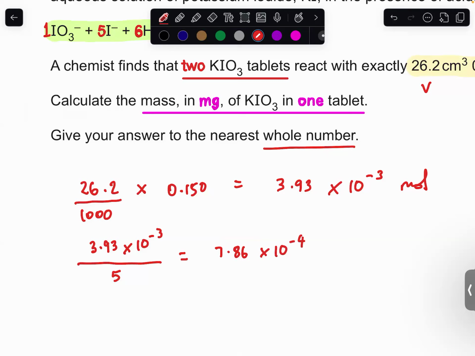What we're then going to do is, this is the moles. We need to convert this into mass.